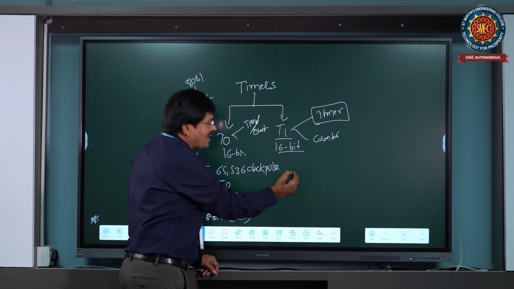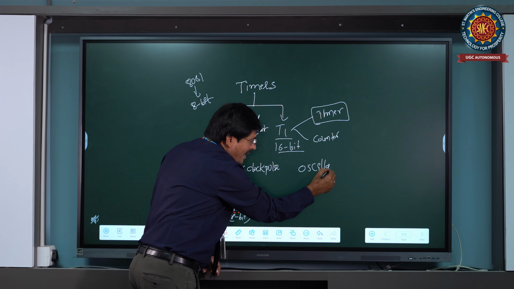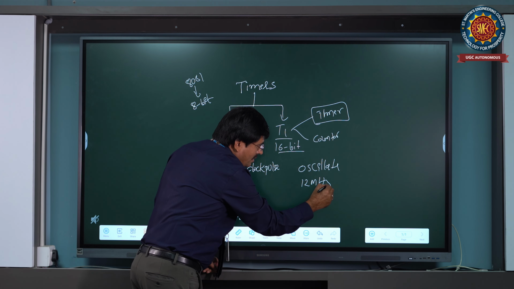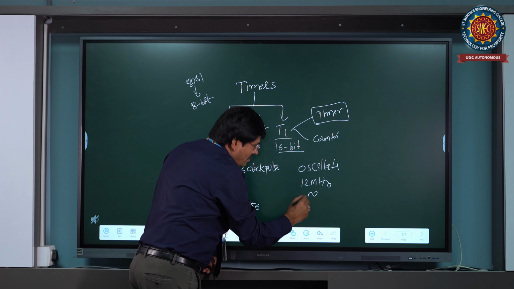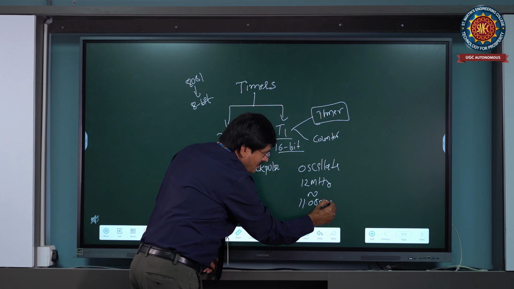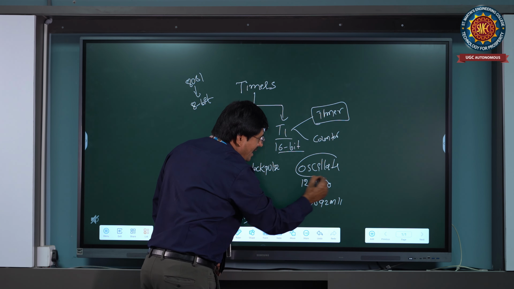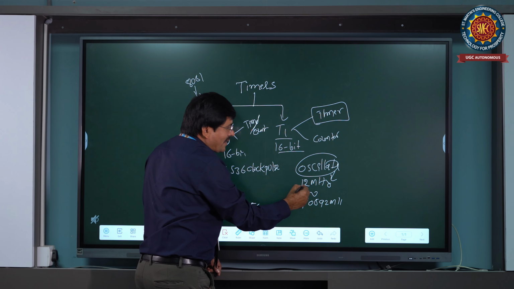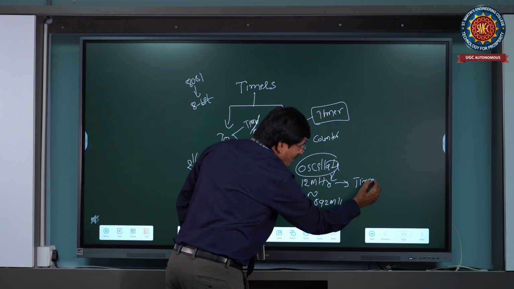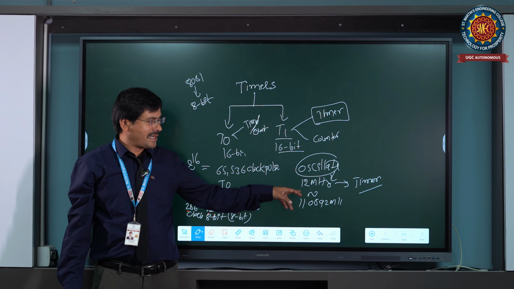This 8051 microcontroller oscillator provides 12 megahertz of frequency, approximately 11.0592 megahertz. That frequency is counted by the timer. So the timer always counts the internal clock pulses of the oscillator.